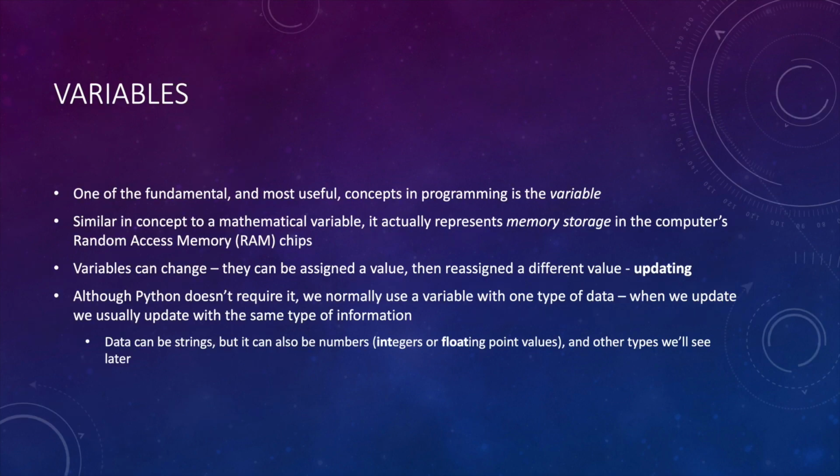So what are variables? Well, they're one of the fundamental and most useful concepts in programming. They're a way for us to store values in the memory storage of the computer's RAM chips. That's random access memory. And they work a lot like a math variable. So when you say something like x is equal to 5 in math, then you're saying that x has the value of 5.